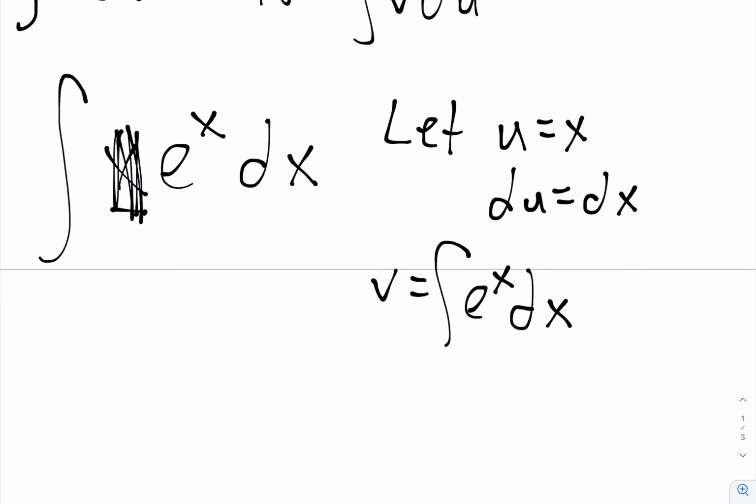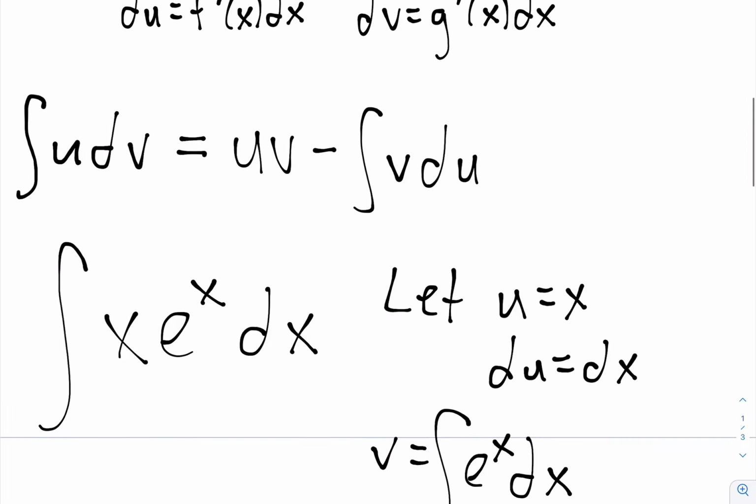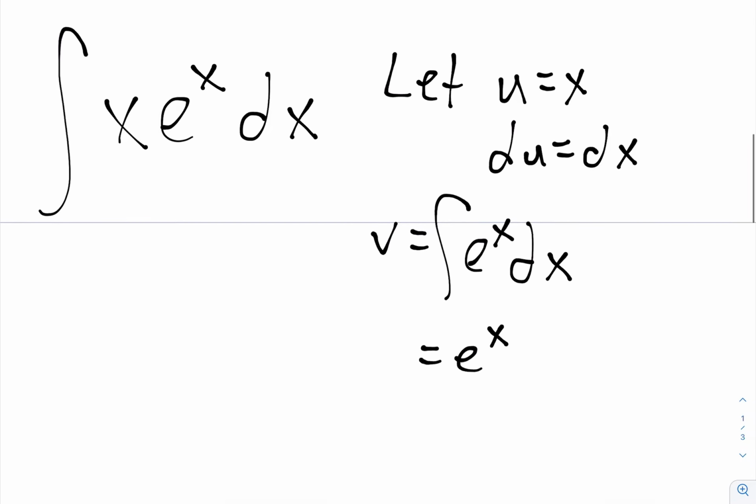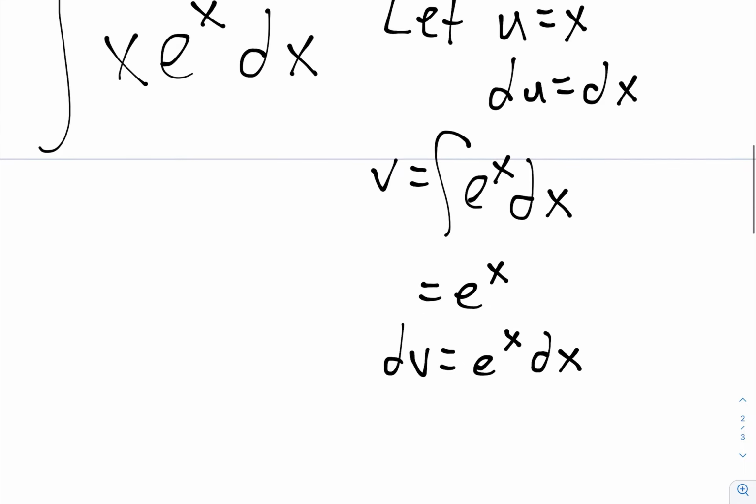See how that's kind of all that's left there? So our v is going to be the integral of e to the x dx, and that's just e to the x. So see how we can integrate that? That's because we used our acronym there to help us out. And if v is e to the x, dv is also going to be e to the x, and we have this dx term here.